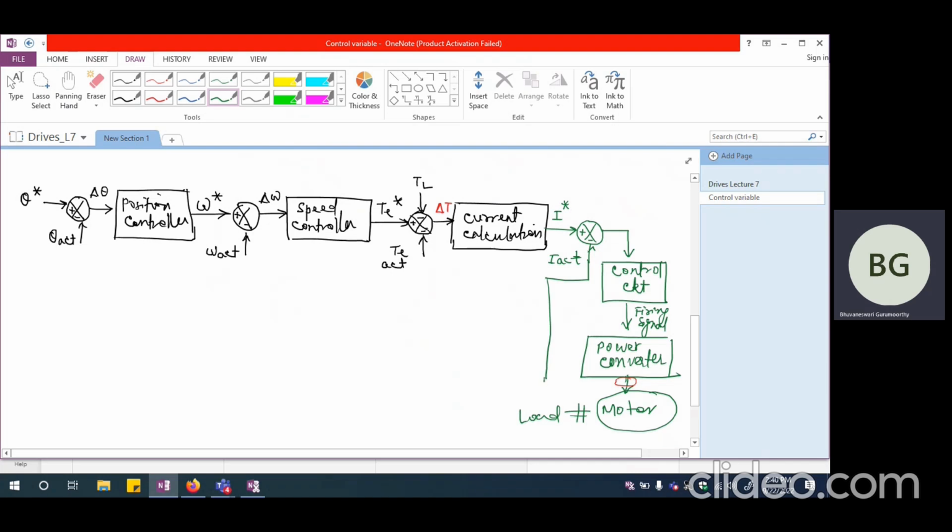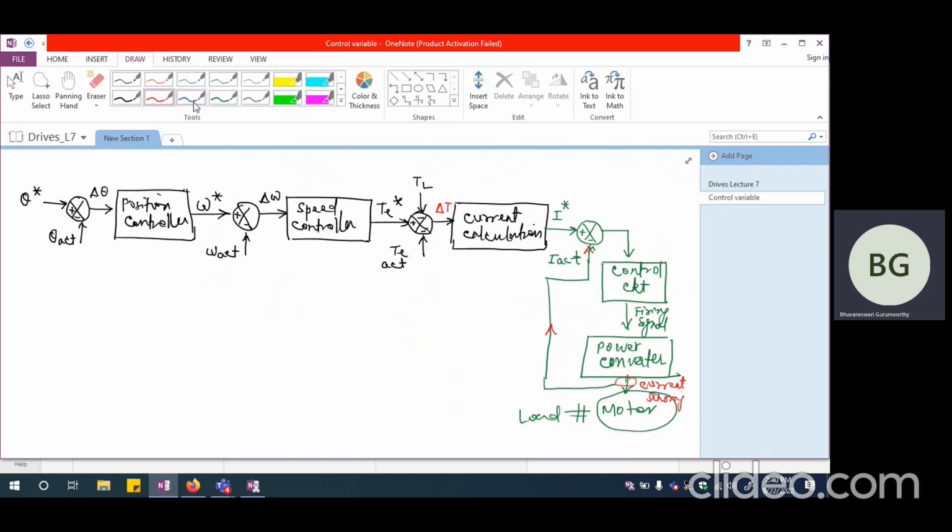So we should have a current sensing mechanism here, which I have shown with the help of a red color circle. So this is the current sensing mechanism. Now, this current sensing mechanism will give me the actual current that is going here, and that will be compared with the reference current.